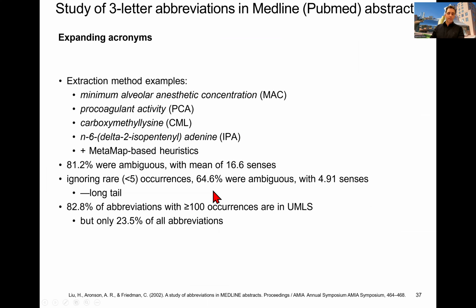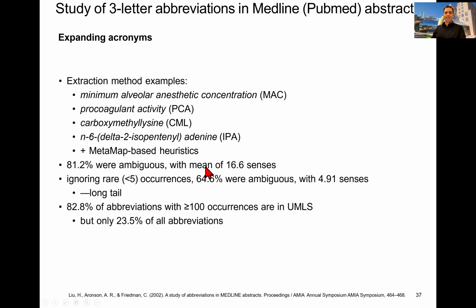The other extraordinarily challenging aspect of clinical records is abbreviations. Doctors have very little time. They use acronyms all the time. There are many different ways that you can abbreviate something, and many different meanings for the same abbreviation. What's really embarrassing is that if you look at 3-letter abbreviations, 81% of them were actually ambiguous.